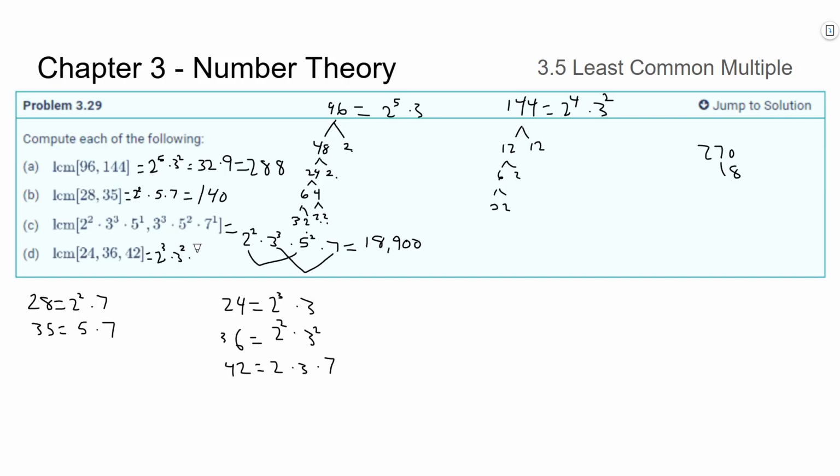And then a 7. Okay, so then we'd have 8 times 9 times 7, which would give us 504. All right, I'll just put some boxes around these so they're a little bit easier to see. Those are our least common multiples.